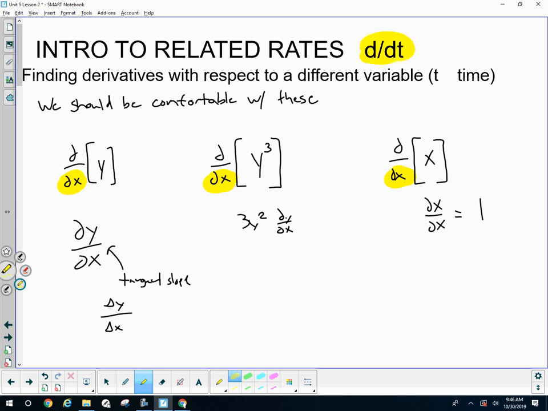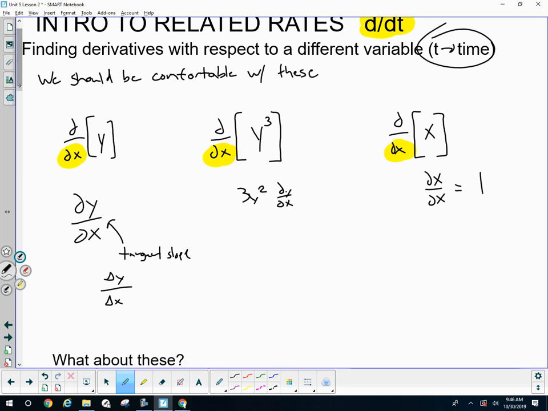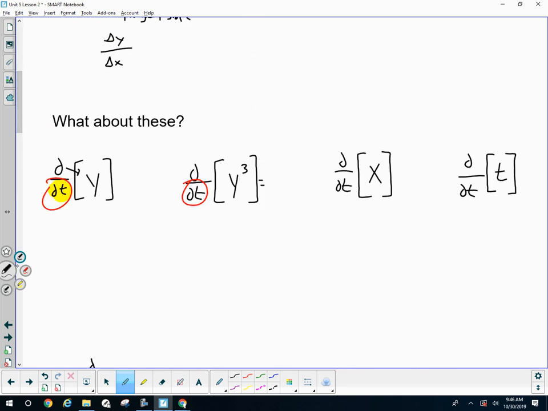And we are going to see how quantities change at a specific moment in time. So watch what happens. No longer is it the derivative of y, dy/dx. It is now dy/dt. 3y cubed: no longer 3y squared dy/dx. It's 3y squared dy/dt.